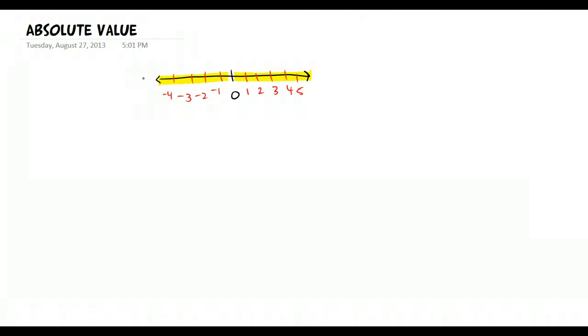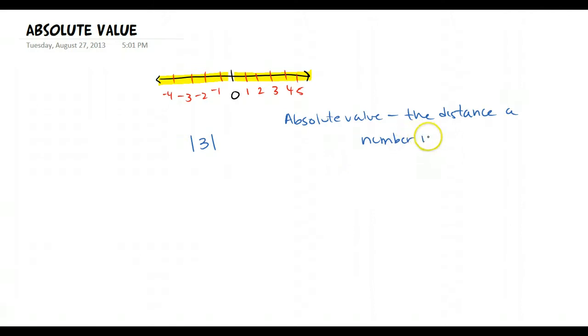Okay. Now, the absolute value of a number, so let's say I have the absolute value of 3. Absolute value is the distance a number is away from 0. That means that the absolute value of 3, since 3 here is a total of 3 units away from 0, the absolute value of 3 is 3.